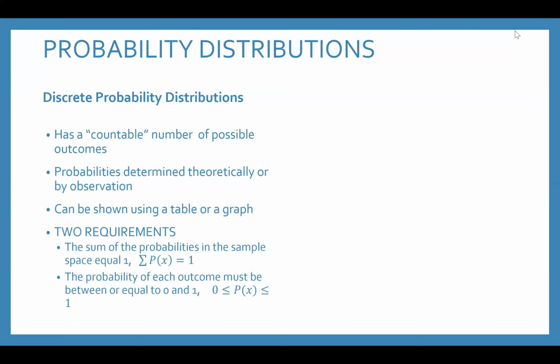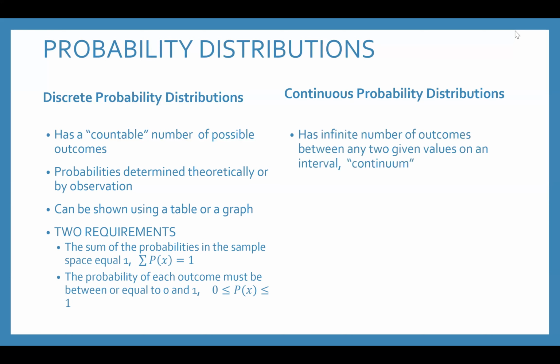Now, let me go on to continuous. I got a little bit ahead of myself, and I want to go back and review a couple of things. But a continuous probability distribution has an infinite number of outcomes between any 2 values on an interval. Remember, with a continuous variable, we could break it down into smaller and smaller units.